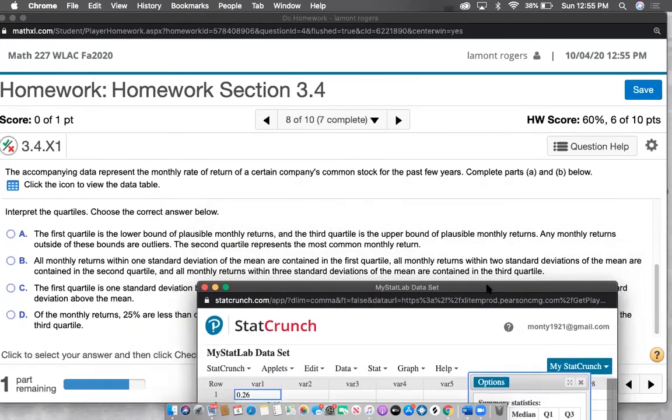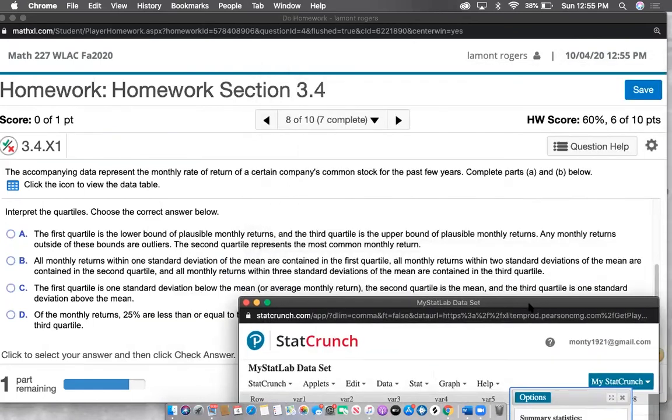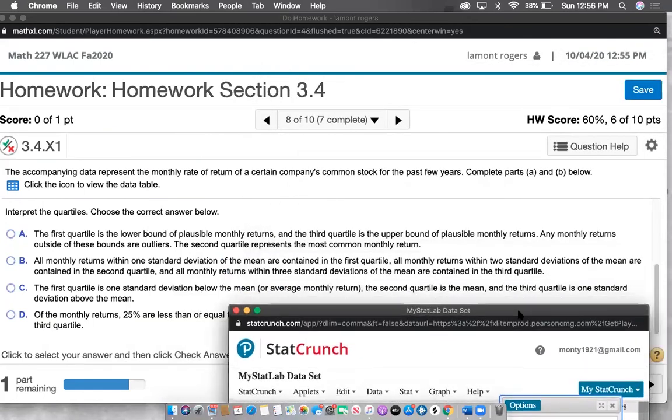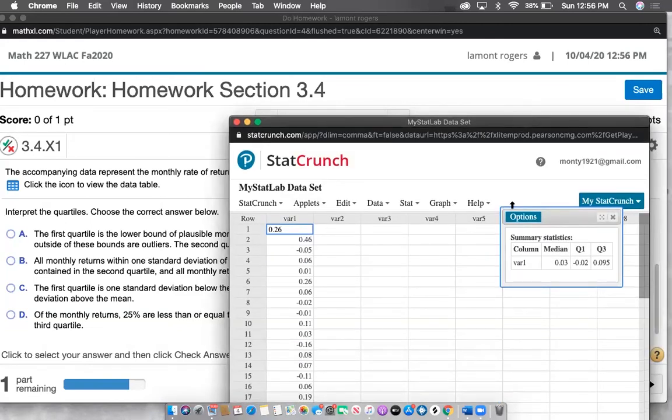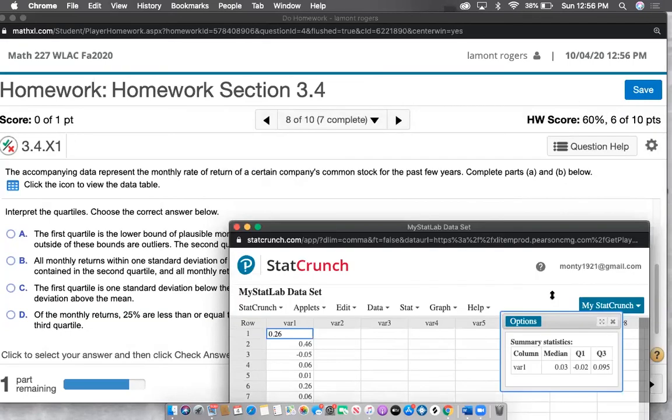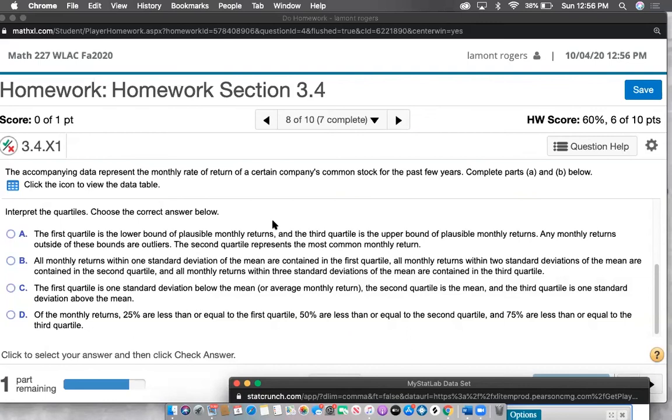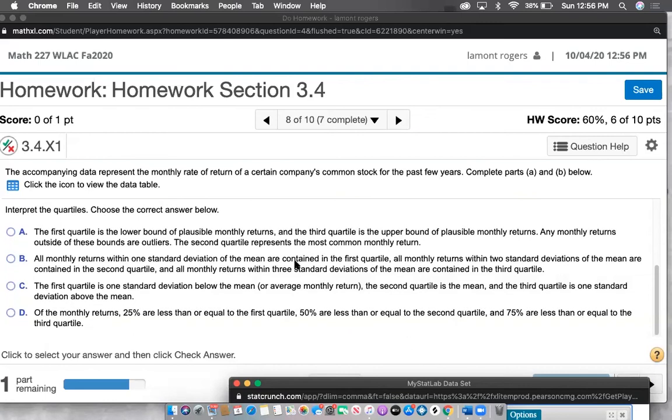Alright, so they're asking, the first quartile is the lower bound of plausible monthly returns. I don't think we need numbers right now, because it's not given any. There's no number entry anywhere. It just says interpret them.